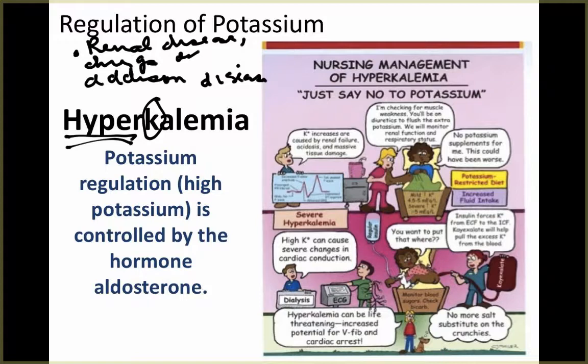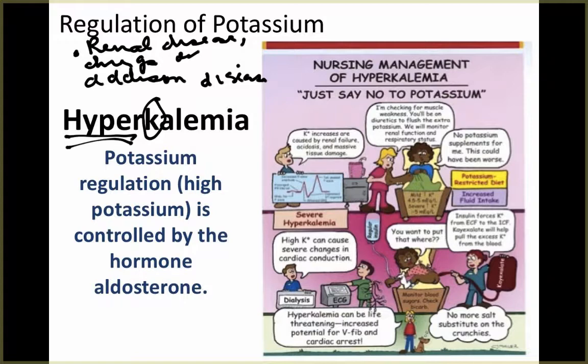Again, I said it can be caused by renal failure. At times, it can cause acidosis, which is a change in the pH of your blood, and massive tissue damage. So you kind of want to watch your potassium levels. A lot of times they'll give things like diuretics to flush extra potassium.